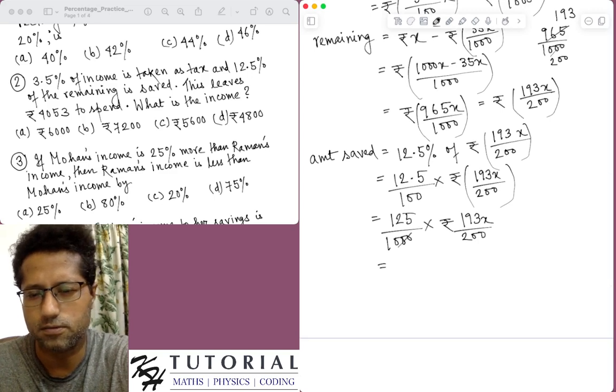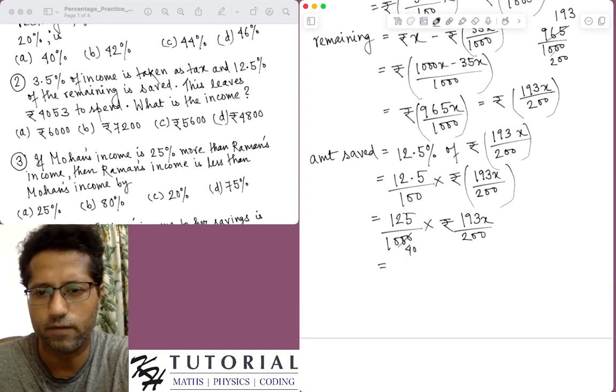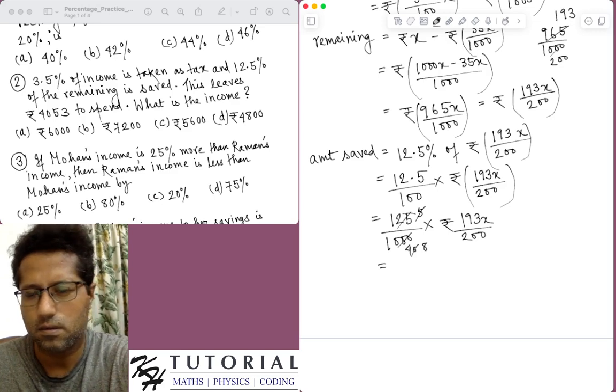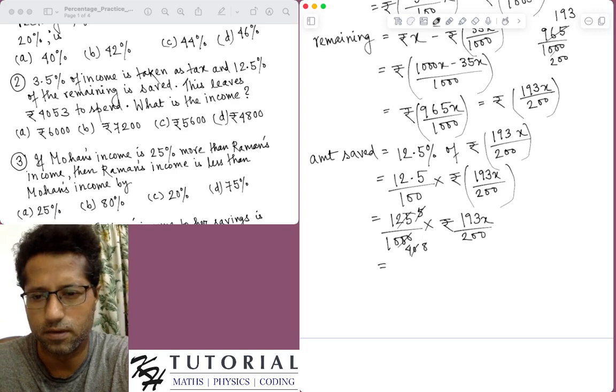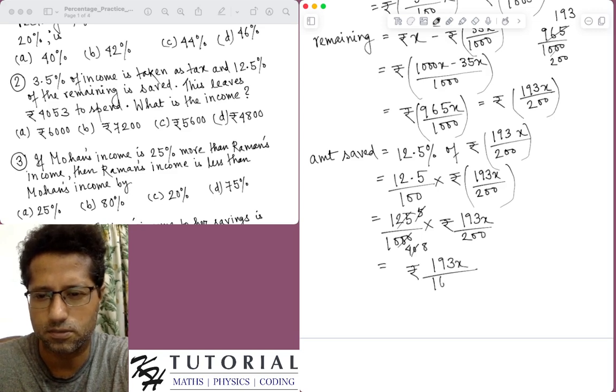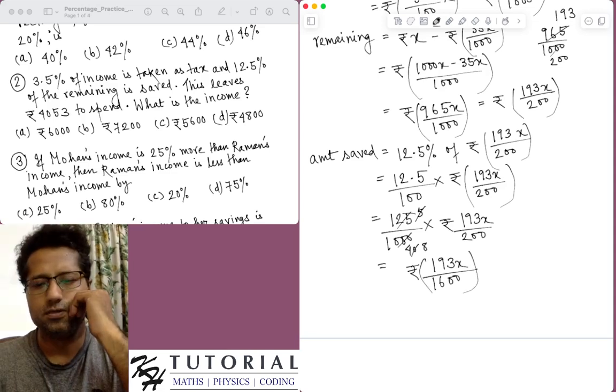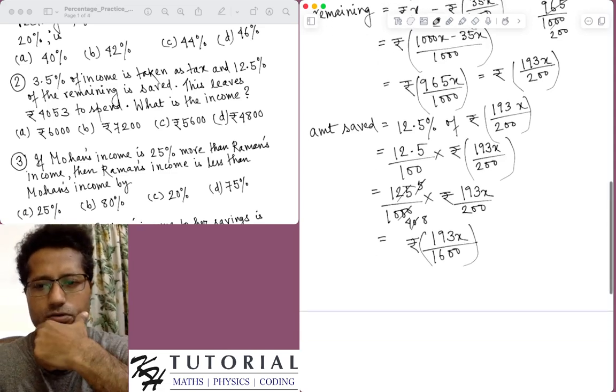Dividing 25 into the numerator and denominator, we get 8. So this is rupees 193 X by 1600. This is the amount that was saved.